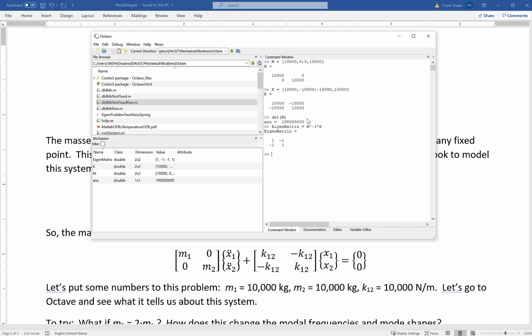But now what we need to do is get the eigenvalues and the eigenvectors out of this matrix. So there's a function for doing that in Octave, and it's called eigs, I-G-E-N-E, eigens, no, eigs, sorry.